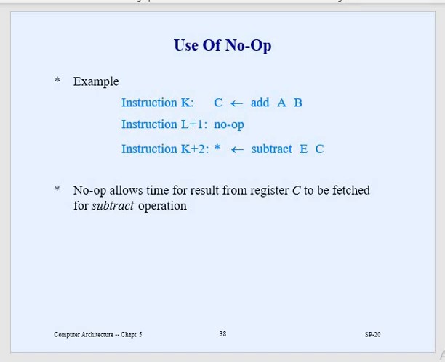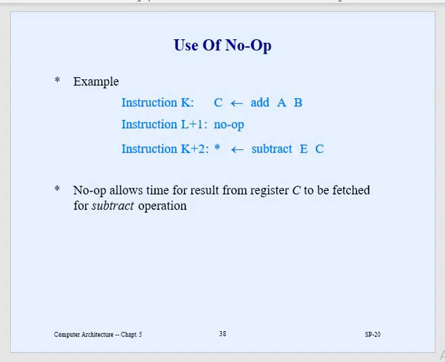Use of no op, for example: you can see that instruction K is saying add A and B and save the result in C, and the compiler is so intelligent that it has seen that the result of the previous instruction is becoming the operand of the next instruction. So it has sensed that there might be some problem in calculating the C. So what does it do?